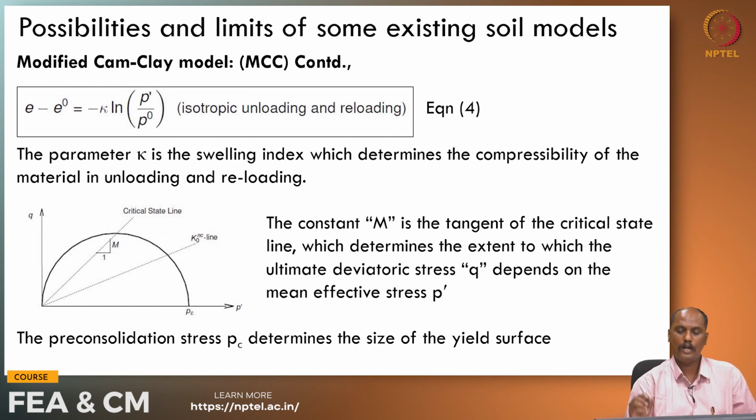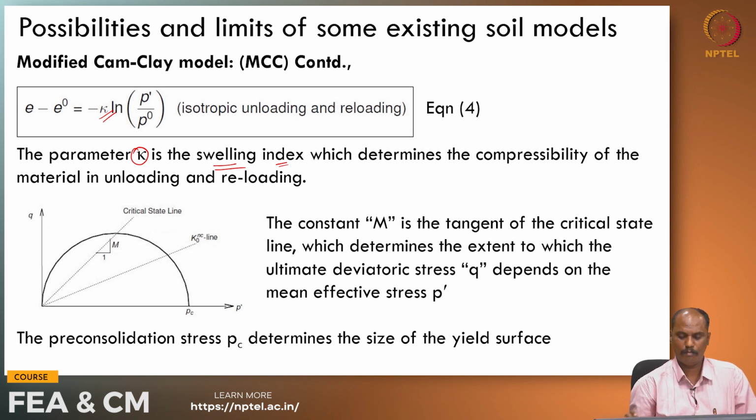When it comes to unloading and reloading, we have this kappa parameter, which is called the swelling index, which determines the compressibility of the material in unloading and reloading. So, kappa and lambda form the crucial parameters when it comes to the Modified Cam Clay model. Again, when it comes to the yield surface, here we have p' and q.